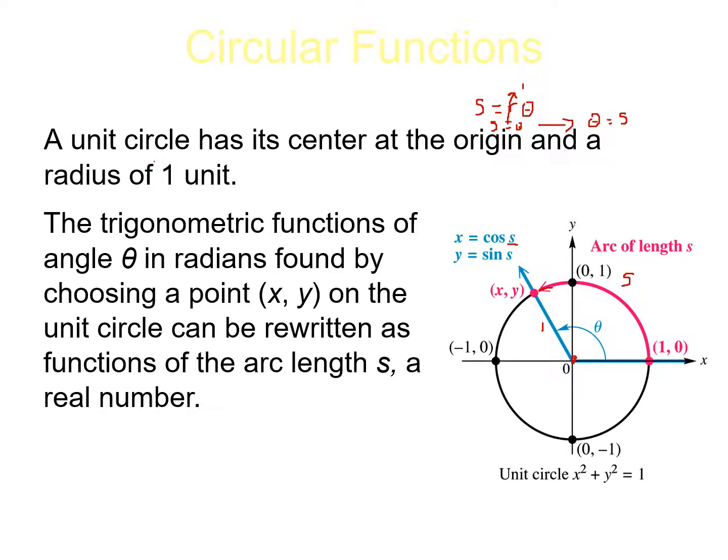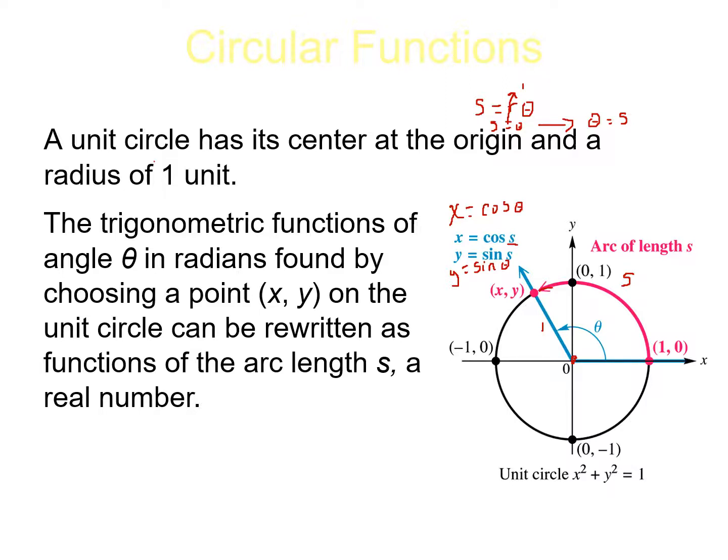So x is equal to cosine of S and y is equal to sine of S. These are equivalent to x being cosine of theta and y being sine of theta, but again, because r is 1, S is numerically equal to theta.